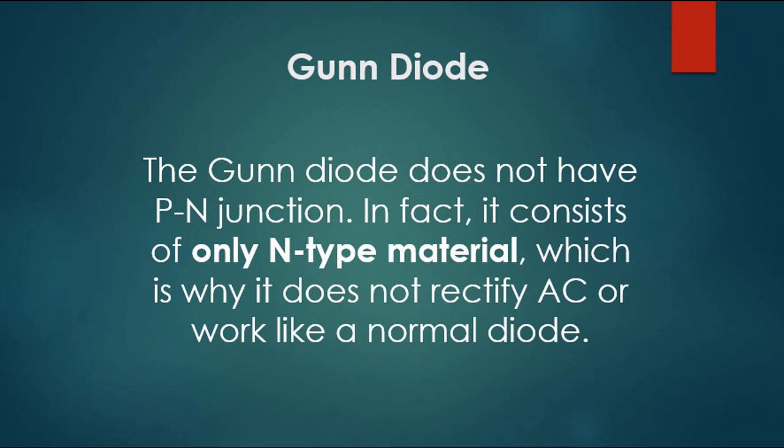In fact, it consists of only N-type material, which is why it does not rectify AC. It does not rectify AC or work like a normal diode, because it only contains the N-type semiconductor material.